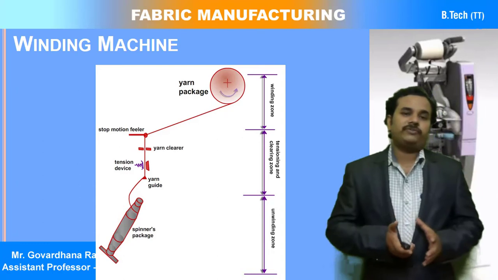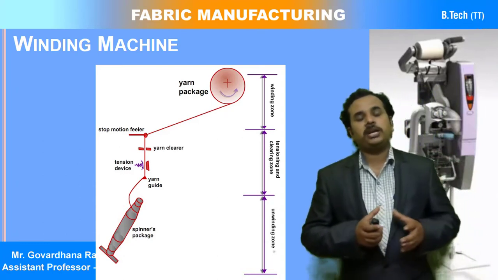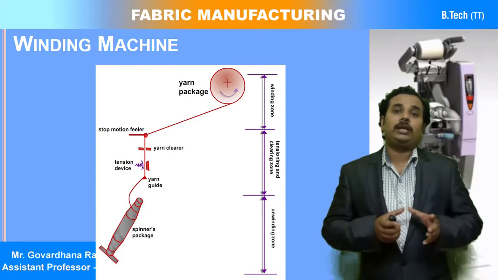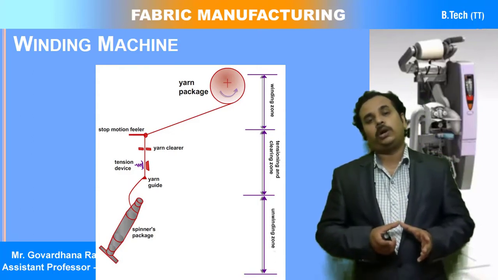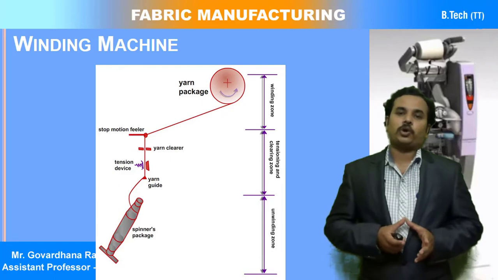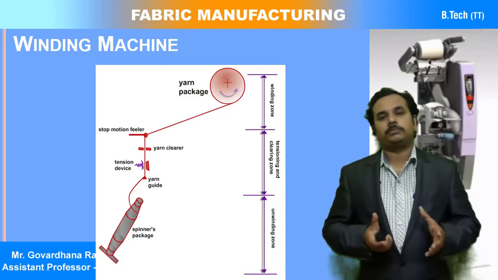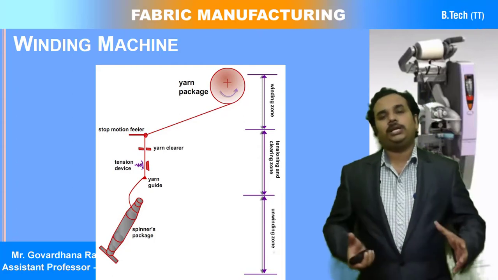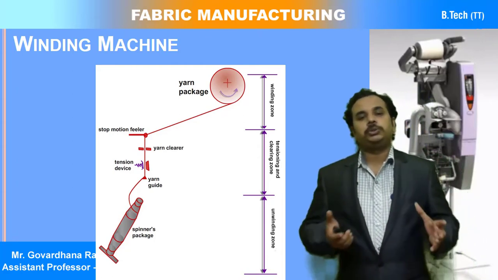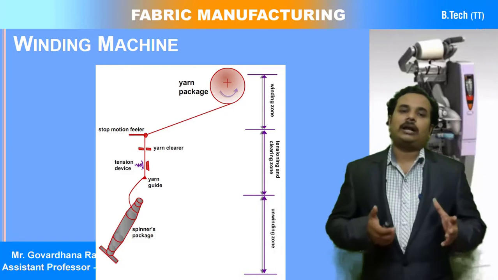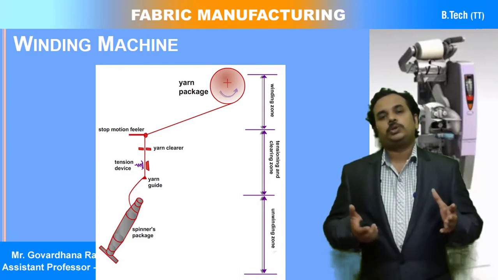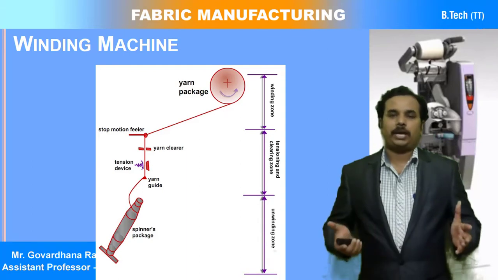You can observe this figure where the spinner's package is nothing but the ring cop. The ring cop weight, which I already mentioned, is approximately 80 to 110 grams. This yarn is passed through the tensioners and the clearers, and after the clearers it is wound into the yarn package.